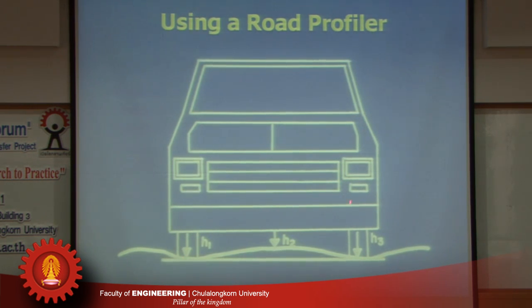The standard vehicle usually would have the wheel-to-wheel spacing corresponding to the typical wheel path. And so we measure this distance and draw a horizontal line across here. The distance from this point to this horizontal line would be approximately equal to the rut depth.